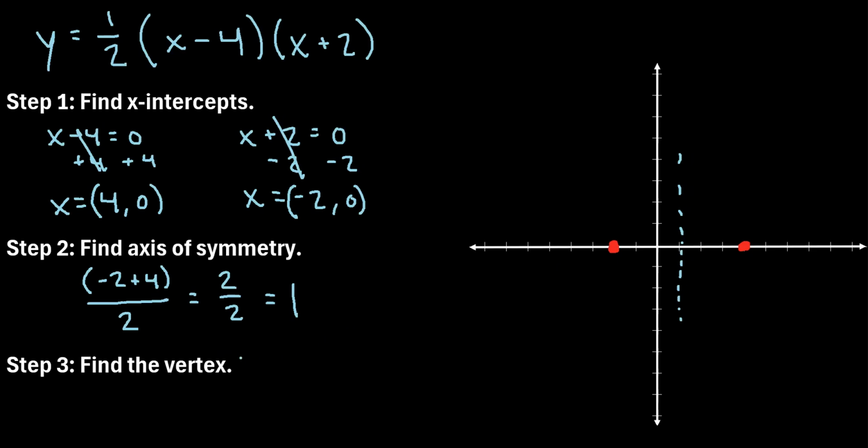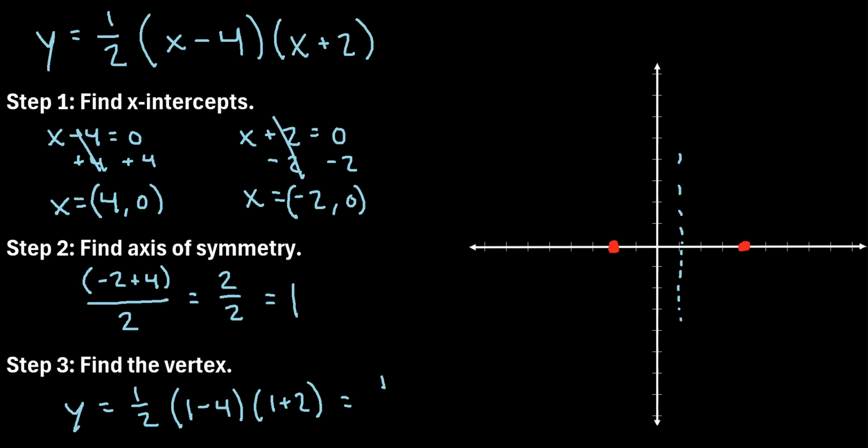The last step is we just need to find the vertex of the parabola. To do that, we just plug in the value that we just found for the axis of symmetry. We plug that in for x in our original equation, and we just see what we get for y. So let's do that. We get y equals 1/2 times (1 minus 4) times (1 plus 2).